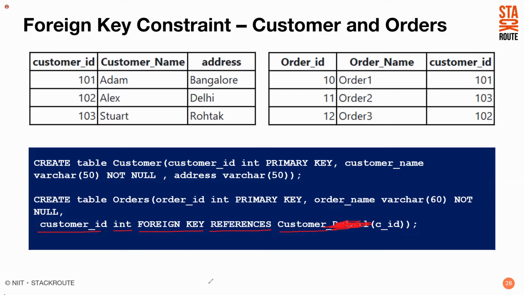Foreign key customer ID references the customer table, parenthesis, and whatever column you want to reference in the primary table, the parent table's column name, you need to specify here. This is a child table column, whereas in the parentheses you have to provide the exact spelling of the primary table's column.